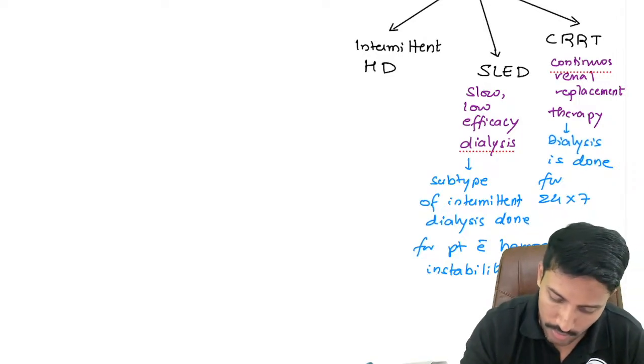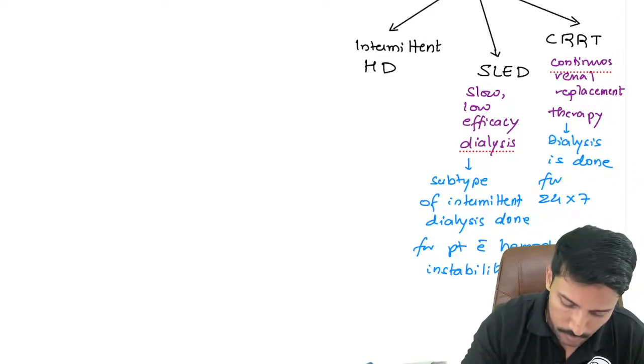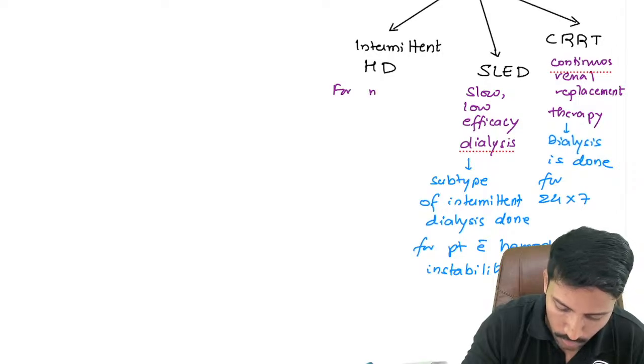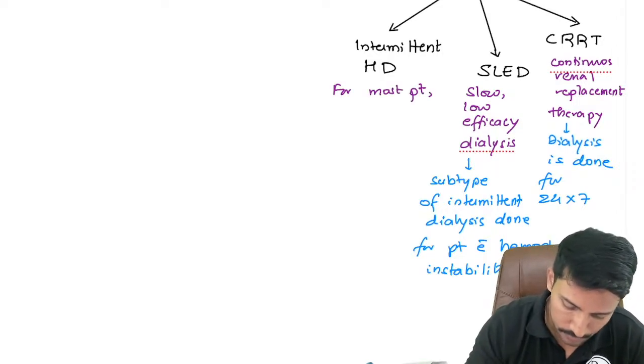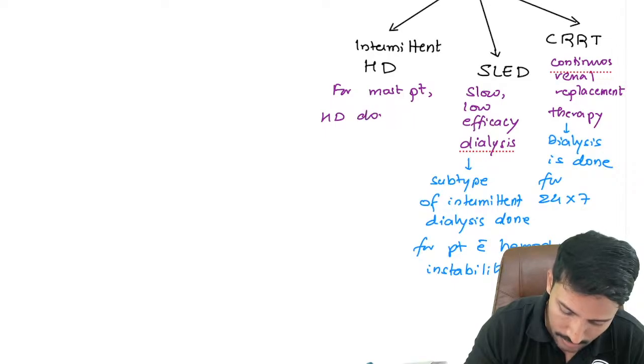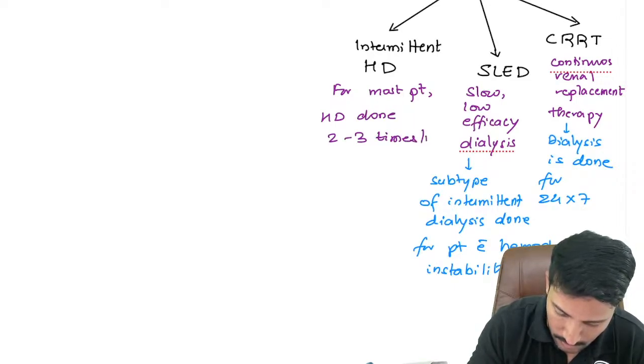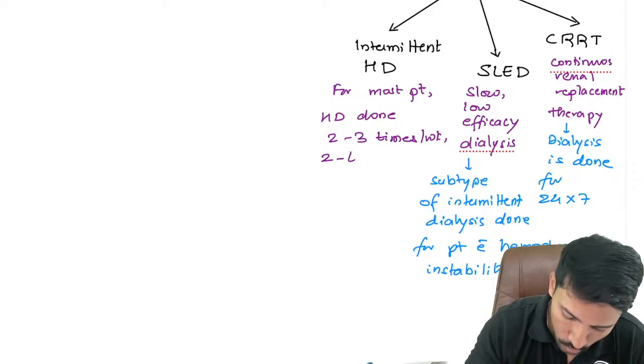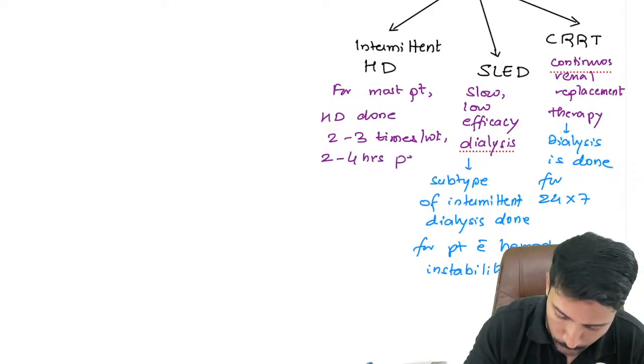Then intermittent hemodialysis is the method that is followed for most patients. Hemodialysis is done 2 to 3 times a week, 2 to 4 hours per session.